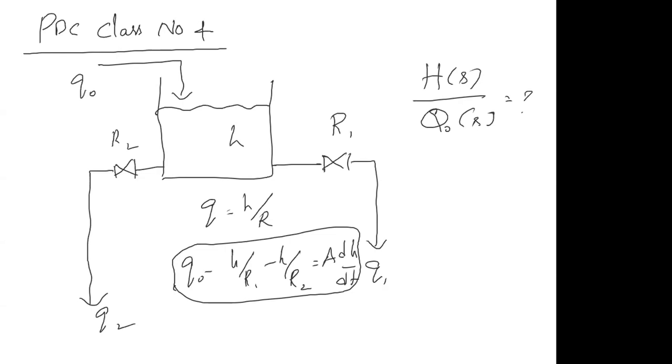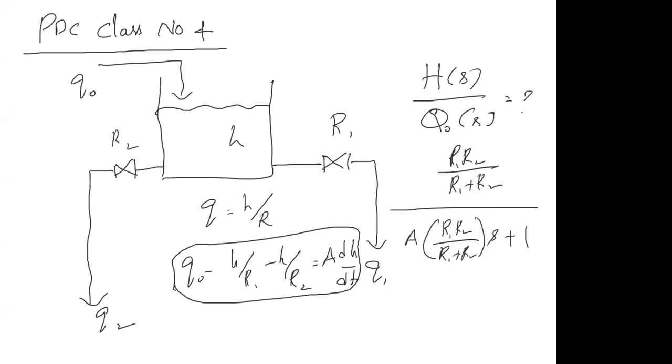So write this, then what you get is H of S by Q0 of S, the transfer function that you get is R1 R2 by R1 plus R2. So this is the transfer function. This is the dynamic model.